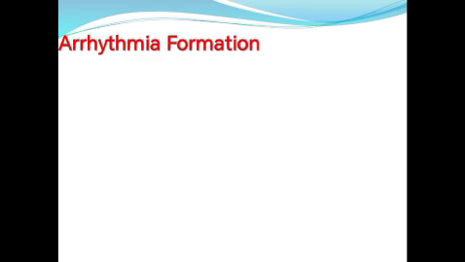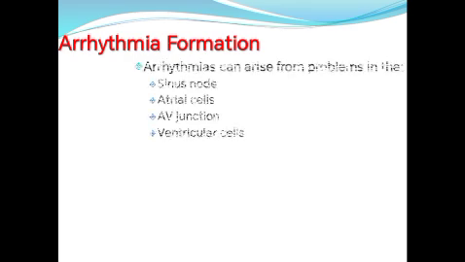Okay, now we can talk briefly about arrhythmia. In general, what we already talked about is the bradyarrhythmia, and now we have the tachyarrhythmia. We can subdivide it into supraventricular and ventricular arrhythmia, according to the site where it arises from.